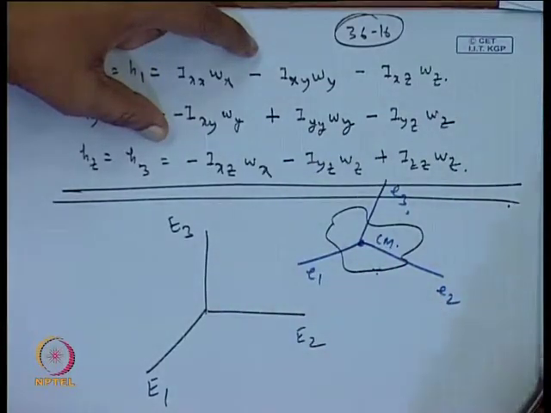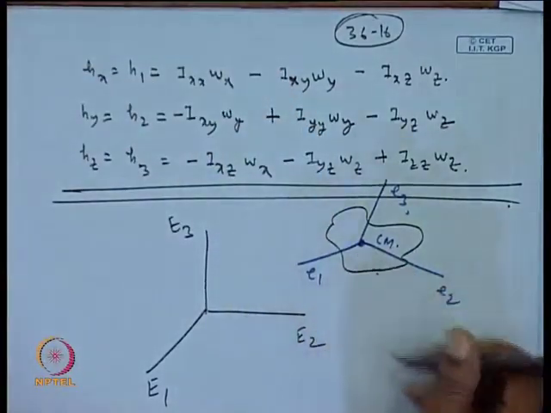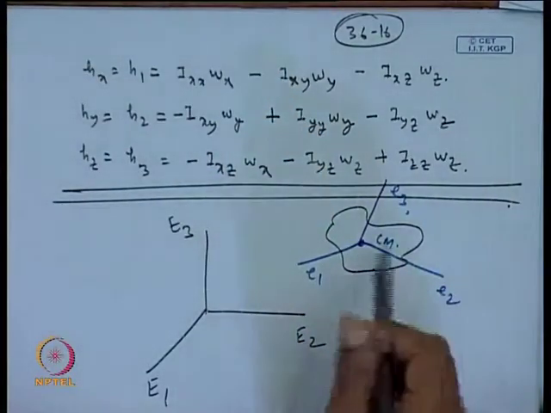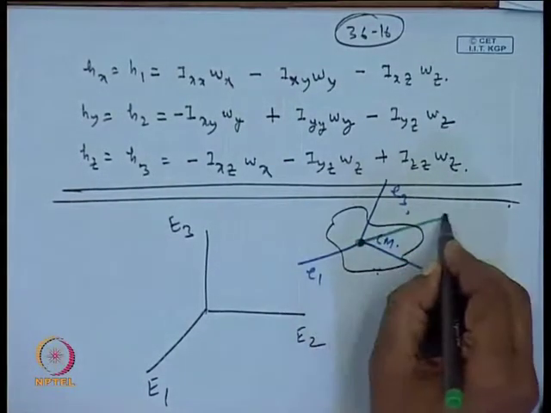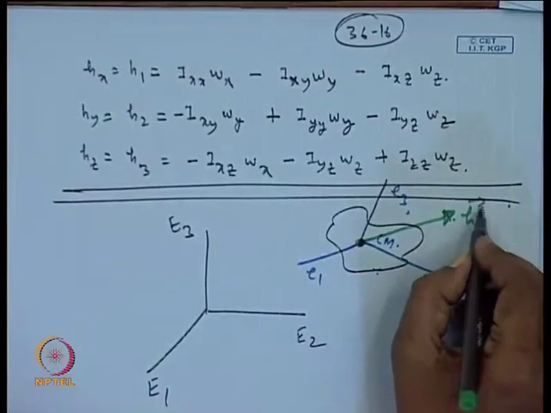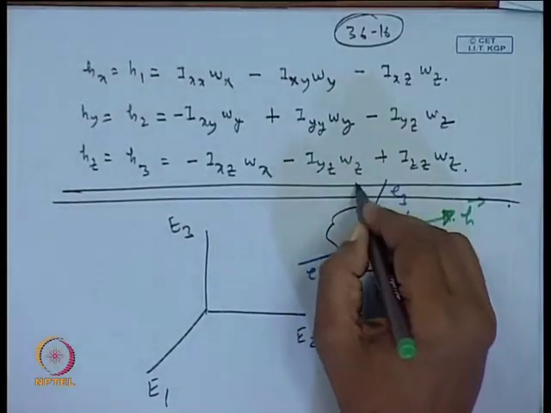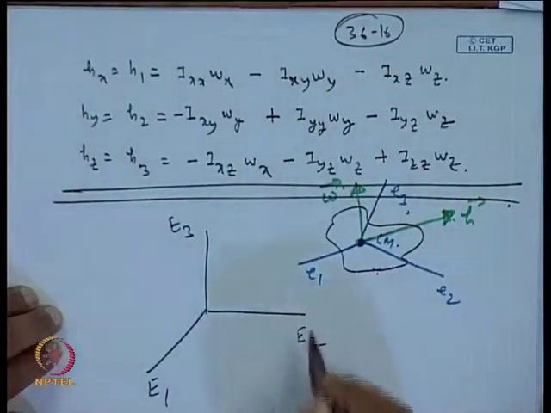Okay. So, first of all you remember that we have got the moment of inertia and the angular momentum about this center of mass. This is our angular momentum vector, and this is the angular velocity vector.